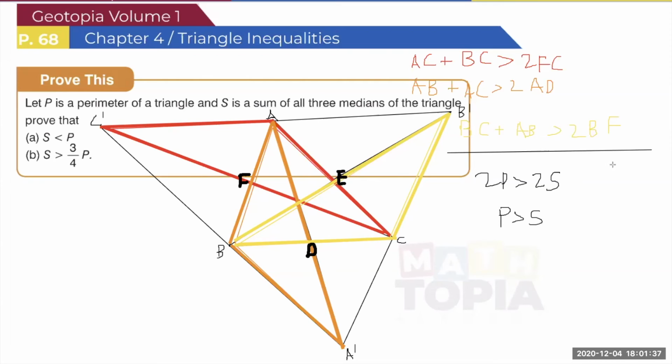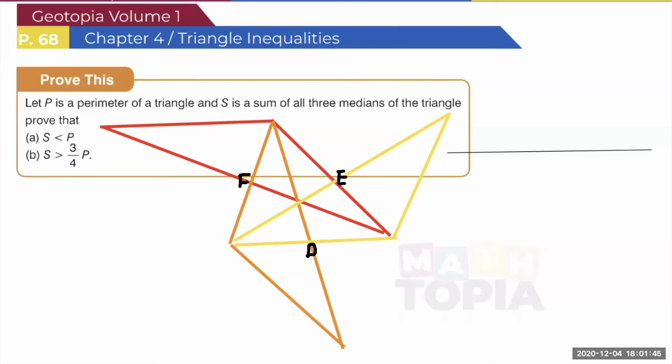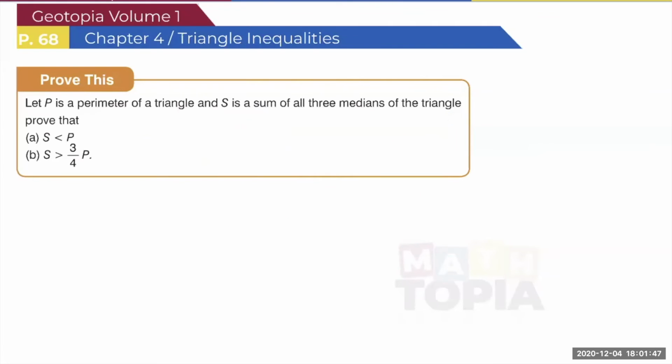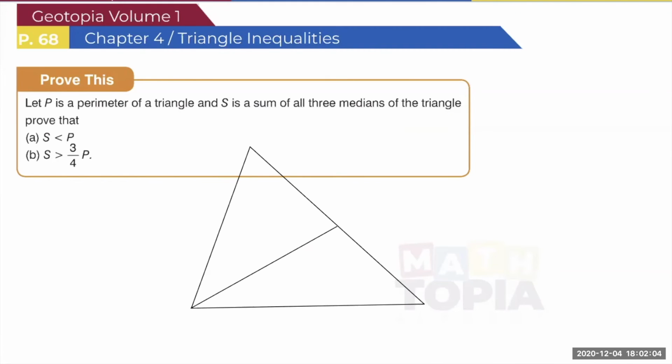That's great. So now let's clean everything and then move to the second part of the proof. Okay, so the second part is the proof of part B. So let's quickly redraw that.